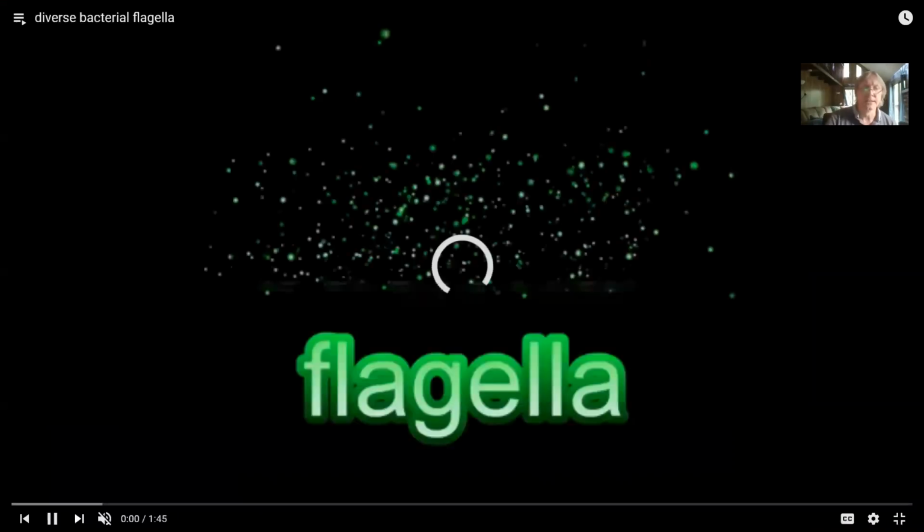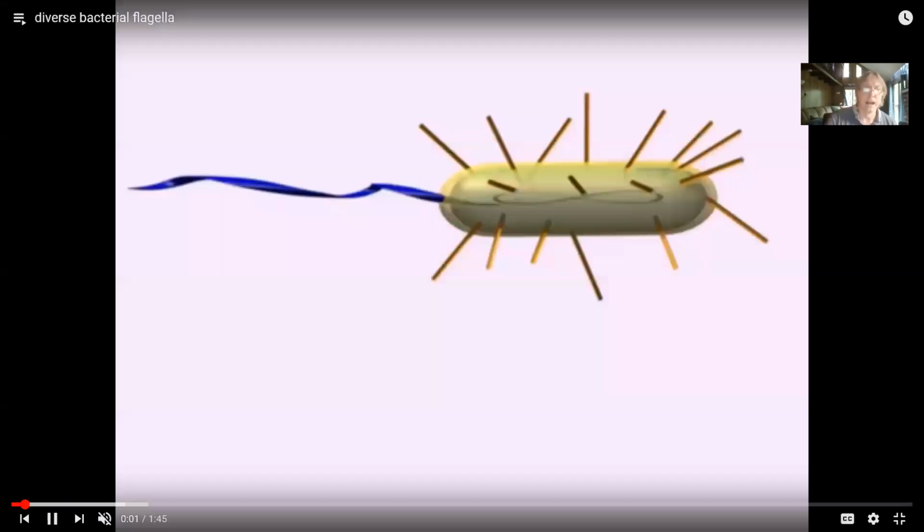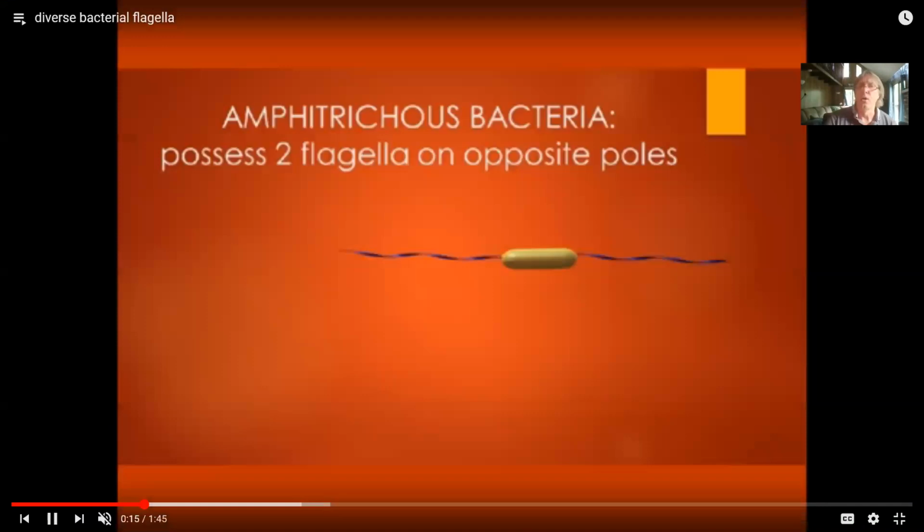Some bacteria have a single flagellum, some have multiple flagella, and they can be at opposite ends of the cell. And thus, if you're trying to identify bacteria or looking at the variations, clearly there are differences between different bacteria with these flagella.